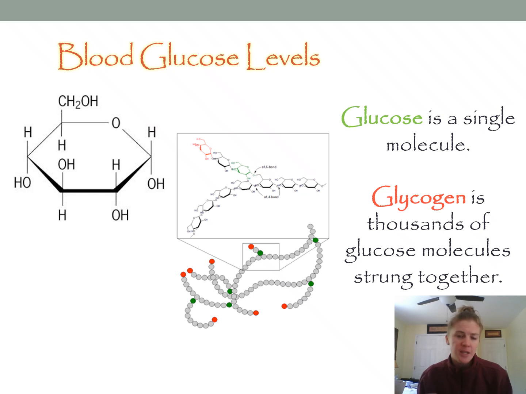But it won't do that until it binds them up, right? It's like it shoves a bunch of glucose molecules into a suitcase and zips it all up and then stores it for later use. And when we need sugar later, our body breaks down the glycogen into glucose molecules and sends each individual glucose molecule out into the blood for uptake.